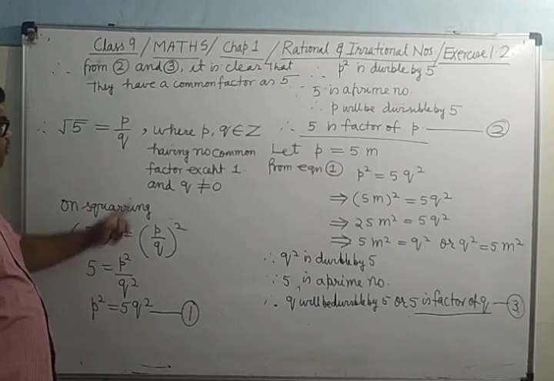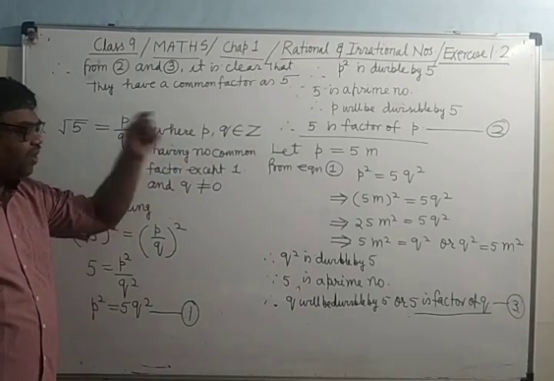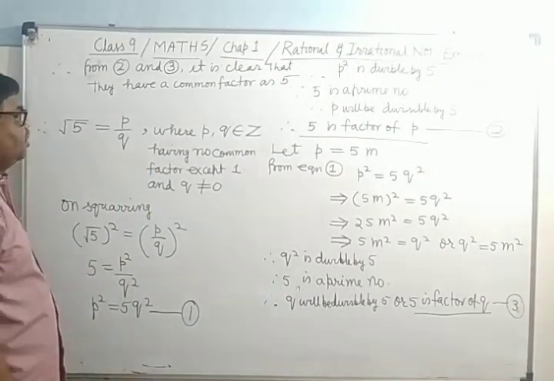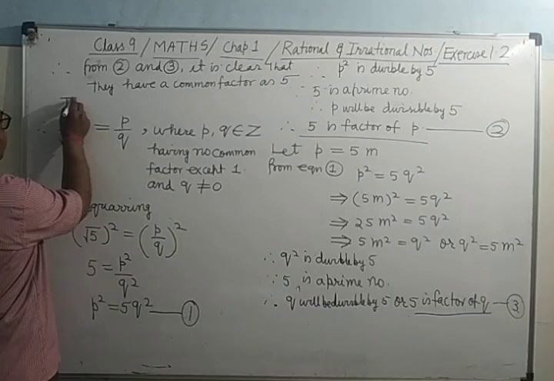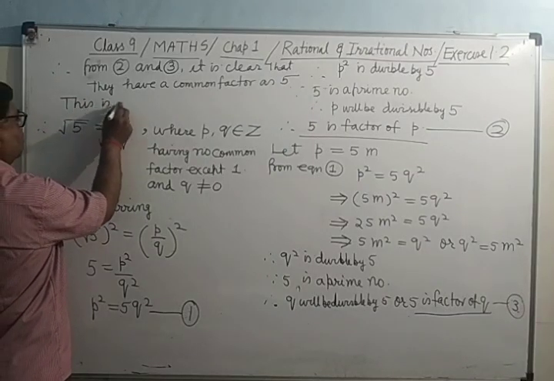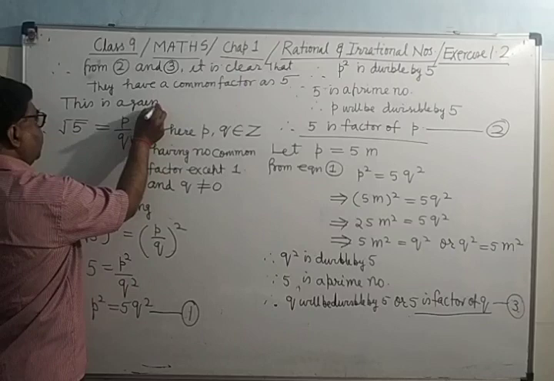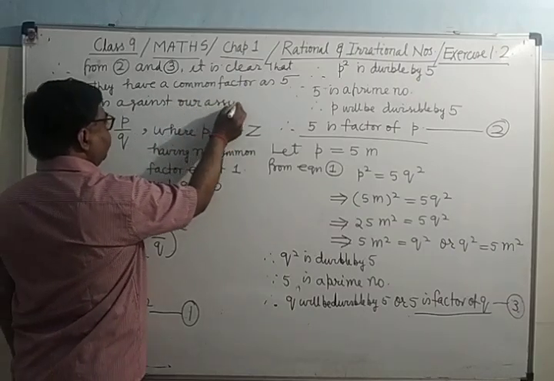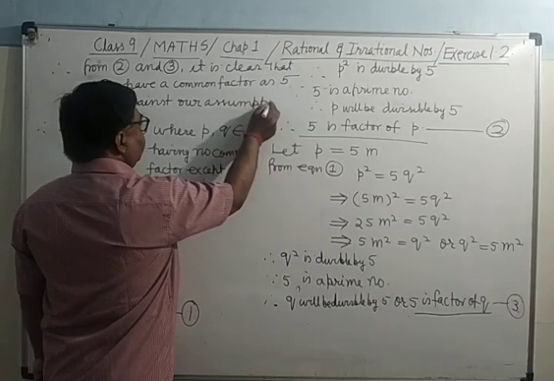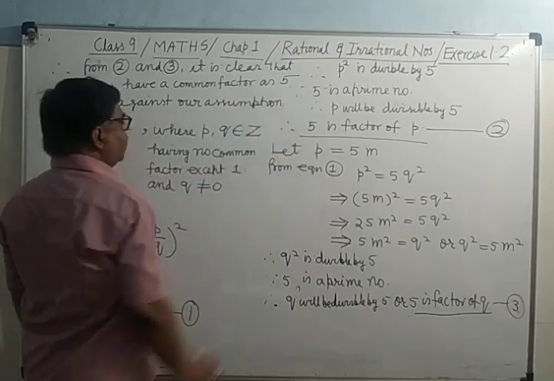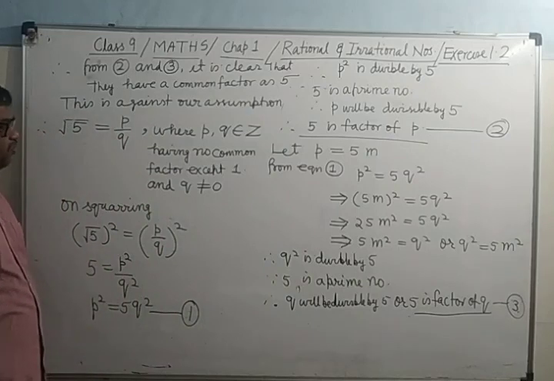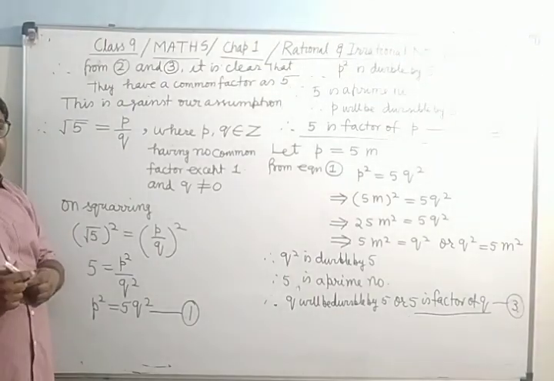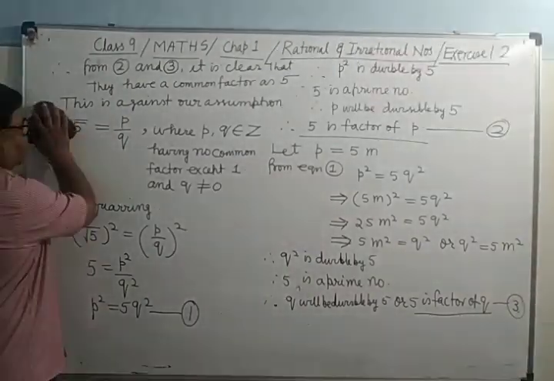But here we have assumed that p and q have no common factor except 1, and we assumed that because it is a rational number. So this is against our assumption.